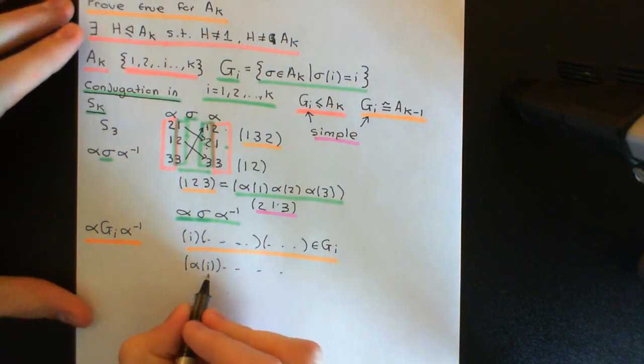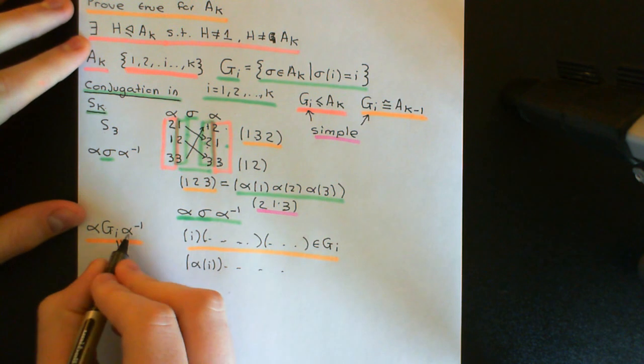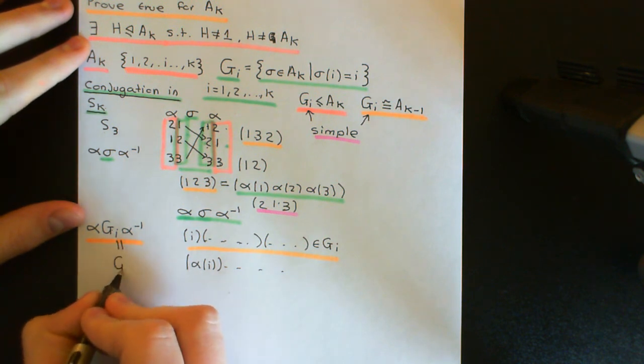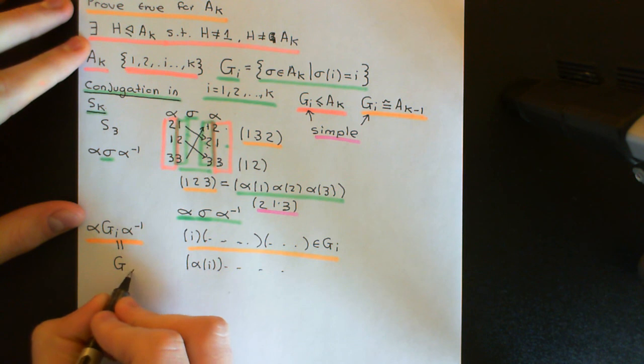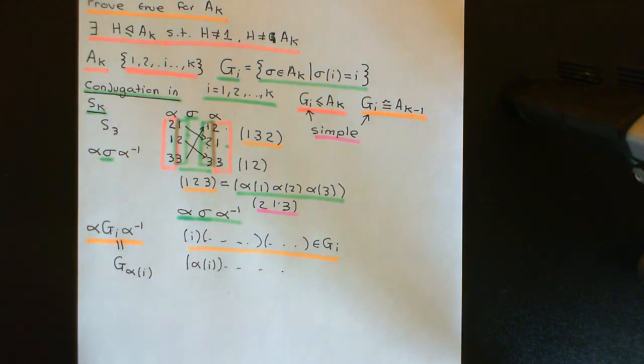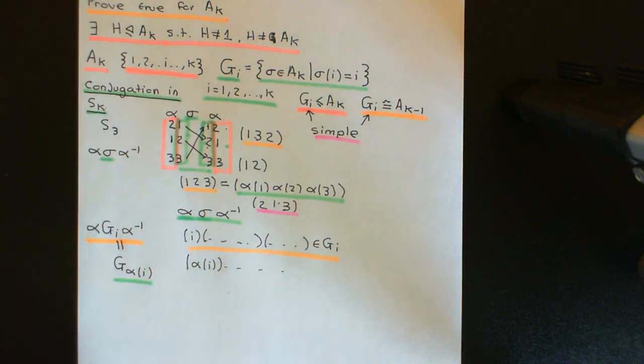So in fact, what this is going to become is another subgroup that's isomorphic to itself, and it's actually going to become all of the elements which stabilize alpha of I. So when I conjugate a stabilizer in this way by an element of the alternating group on the set of k elements, I'm just changing it into another stabilizer, and it's now going to stabilize the element that alpha maps I onto.